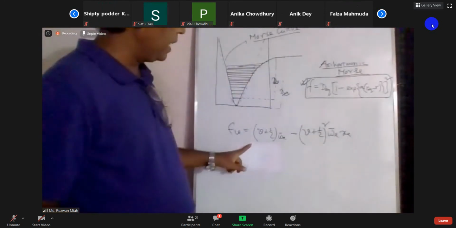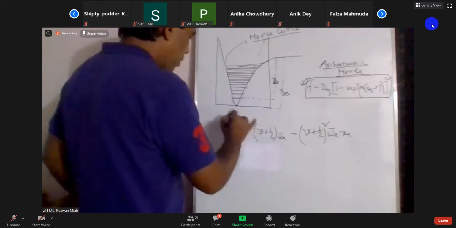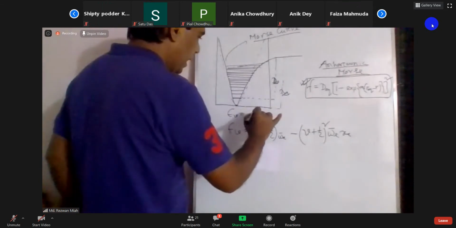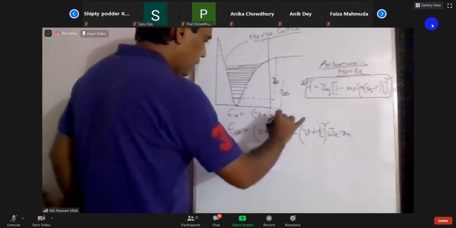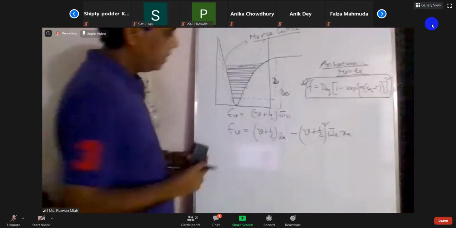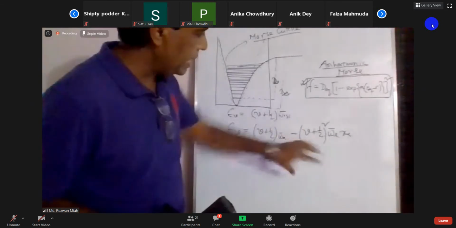For the harmonic case, we have the expression like this. So it is almost similar, but there is a correction part.